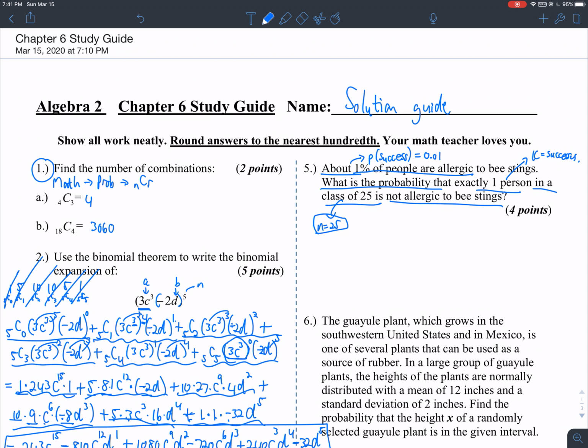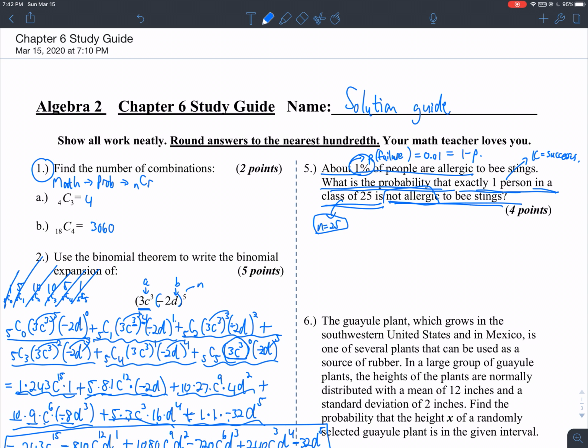This says, what is the probability that exactly 1 person in a class of 25 is not allergic to bee stings? Oh, so this probability here is actually the probability of failure in this case, because we're actually asking for the opposite thing. We're asking what's the chance that 1 person is not allergic. Okay, so this would be the probability of failure actually, which we call 1 minus p.